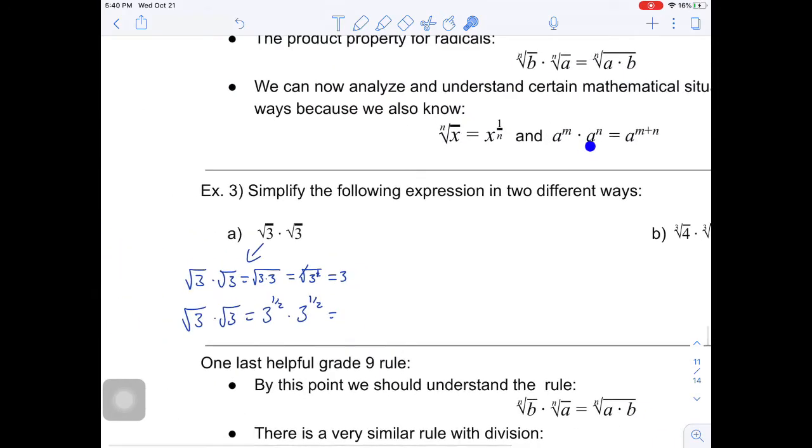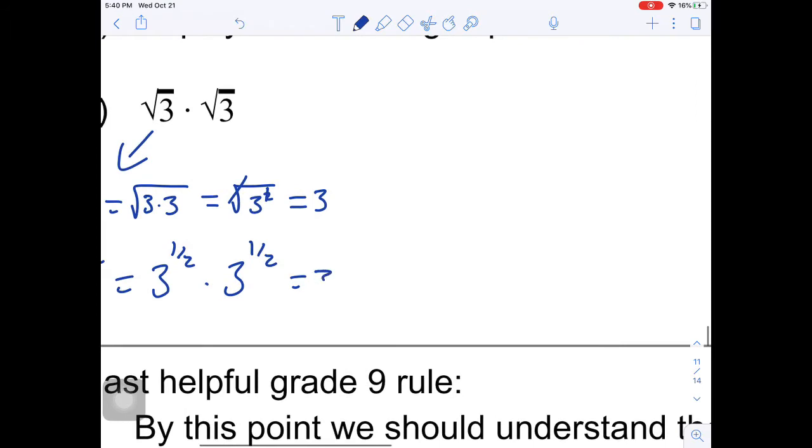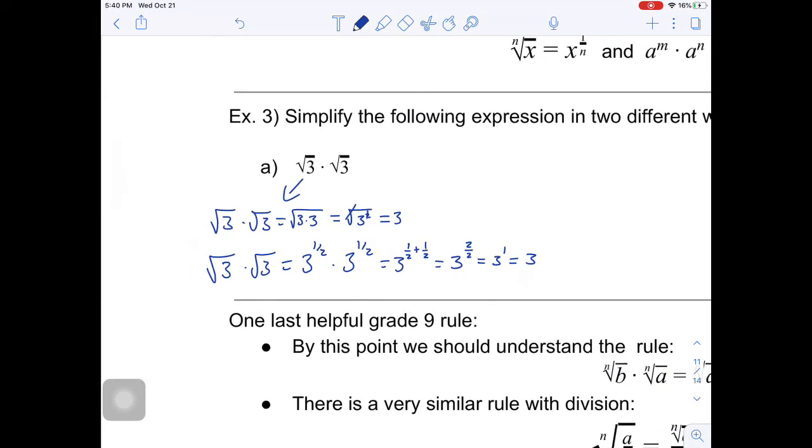When you have similar bases, you can add their exponents. So this will be 3 to the power of 1 over 2 plus 1 over 2. This already has similar denominators, so we can add the tops, 2 over 2, which is simply 3 to the power of 1. So this equals 3. So 2 different ways to find the same solution.